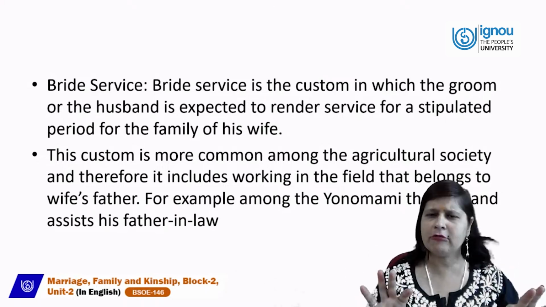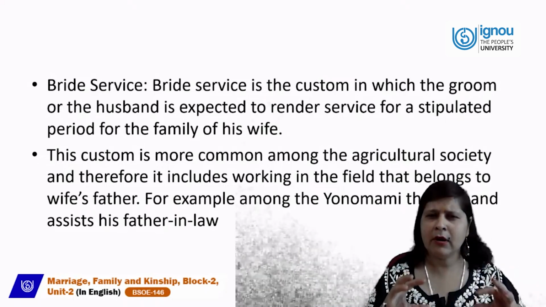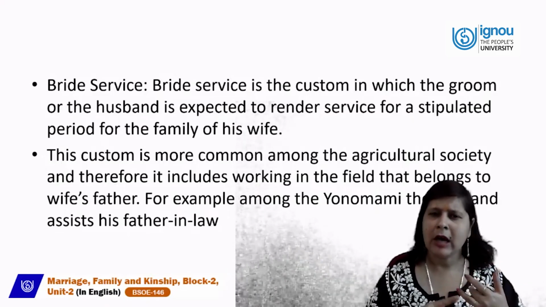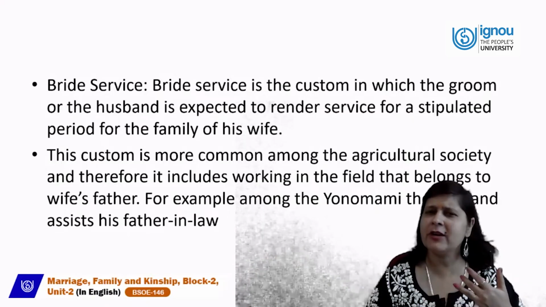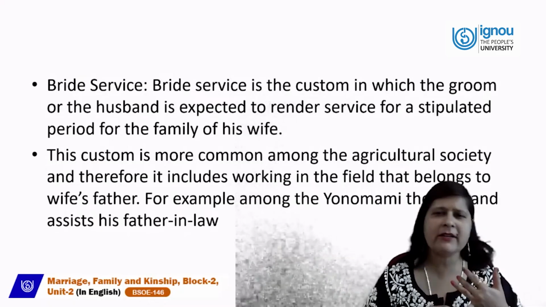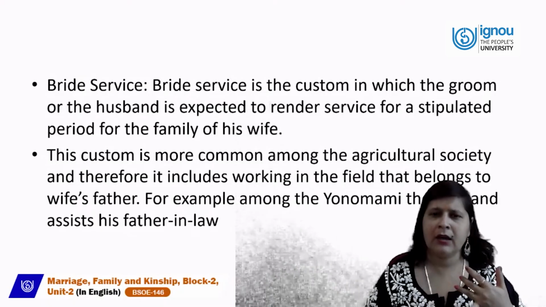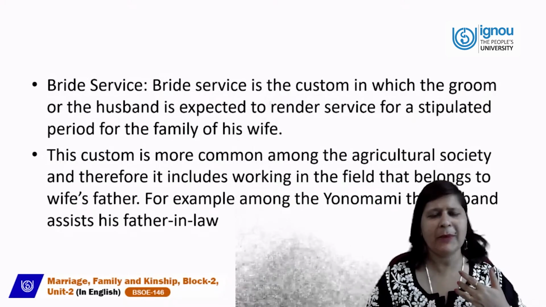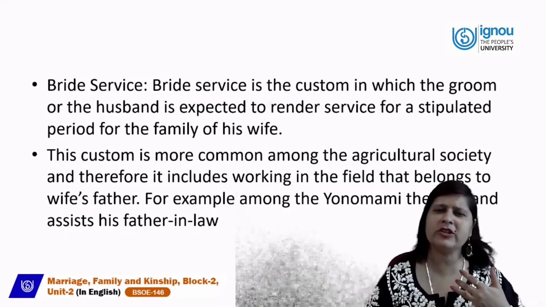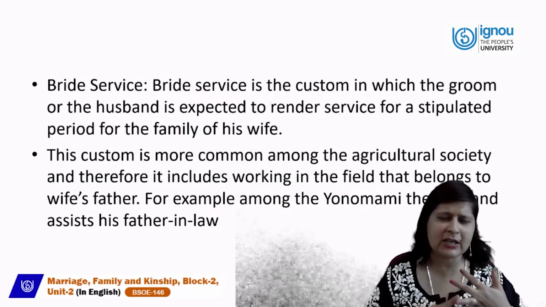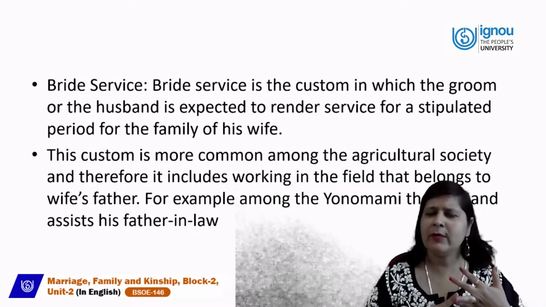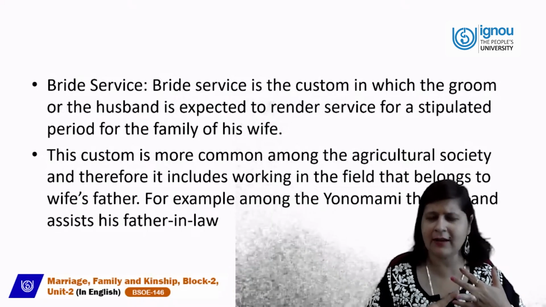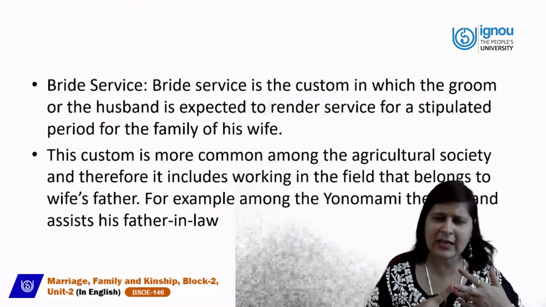Then there are certain rules of residence, right? That is whether it is patrilocal or matrilocal. Patrilocal is when a newly wedded couple resides in the groom's father's house, and it is the most prevalent type in patrilineal society. Matrilocal is when the newly wedded couple resides in the bride's mother's house, prevalent in matrilineal society.